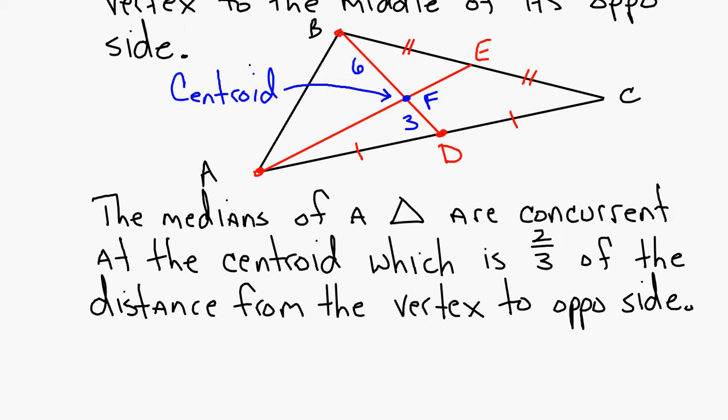Well, if one piece is 1/3 and the other piece is 2/3, one of the pieces is twice as big. If you're given the big piece from A to F and you're told that it's 8, you divide that by 2, and F to E would be equal to 4. Correct.